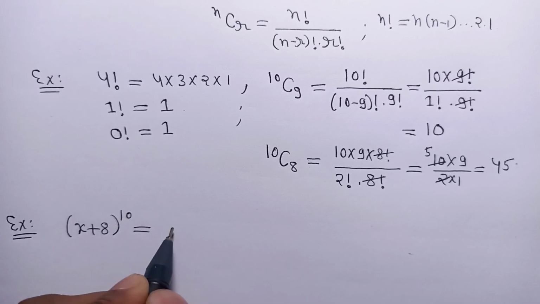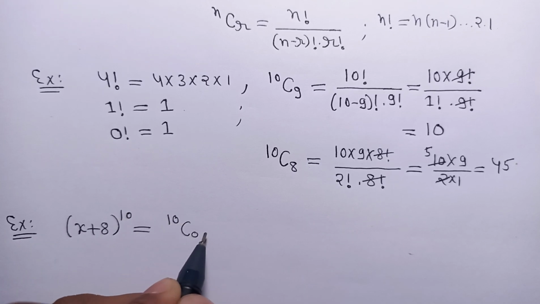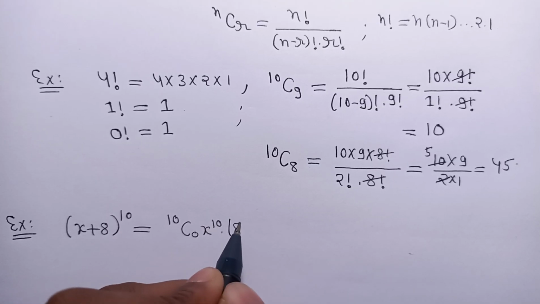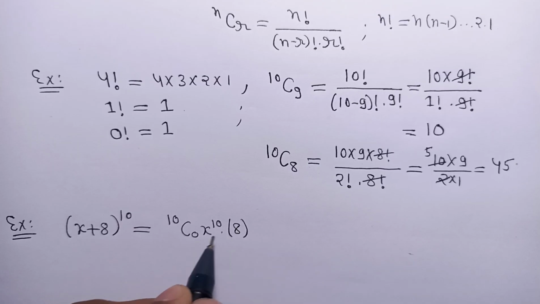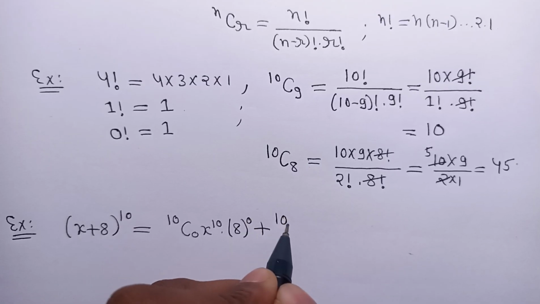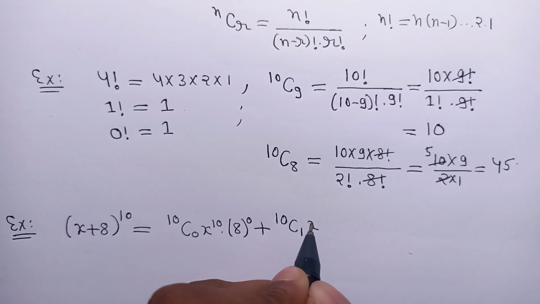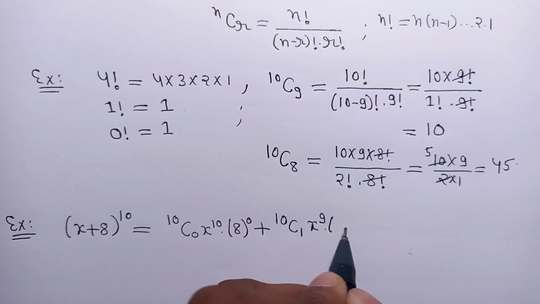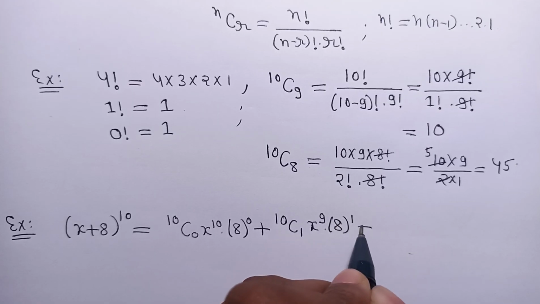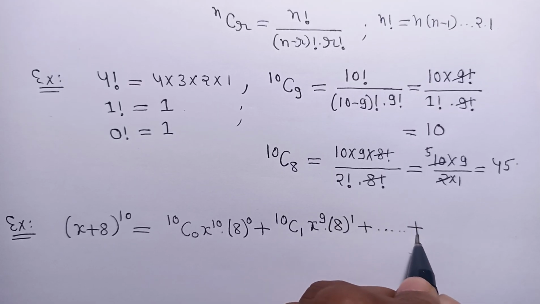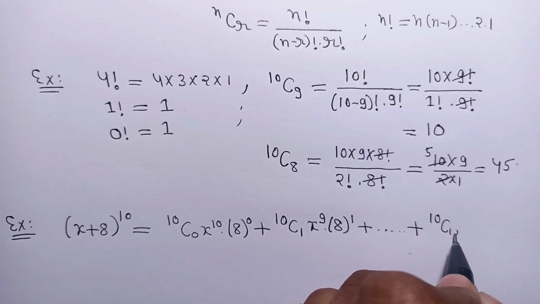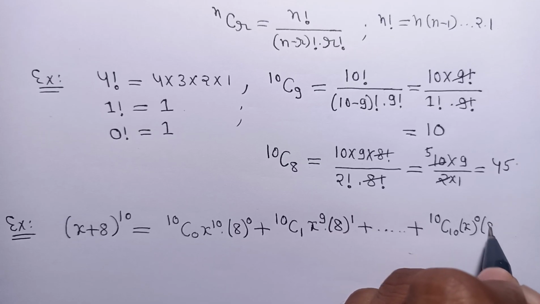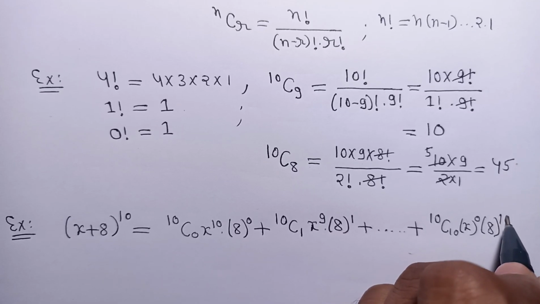You can write it as 10C0 x^10 8^0, the base value, plus 10C1 x^(10 minus 1) which is 9, and the second term 8^1, plus up to so on, and the last term will be 10C10 x^(10 minus 10) which is 0, and the second term 8^10.